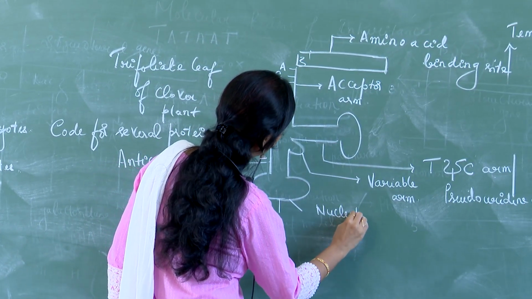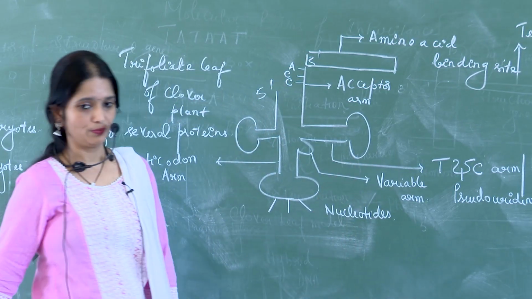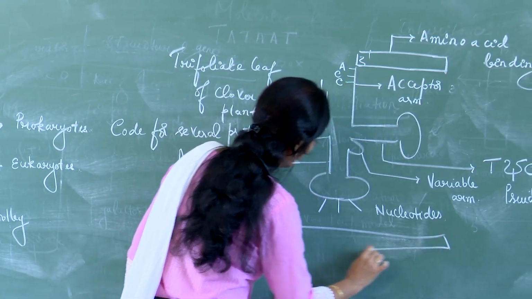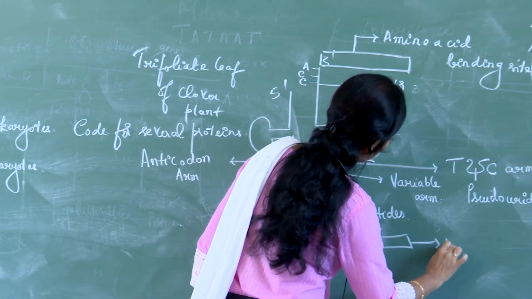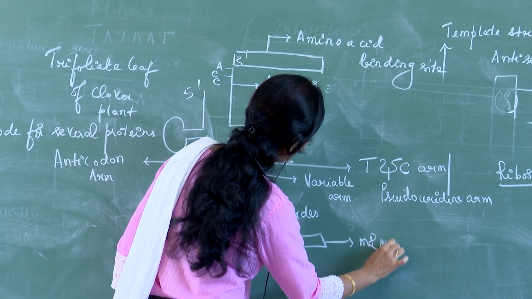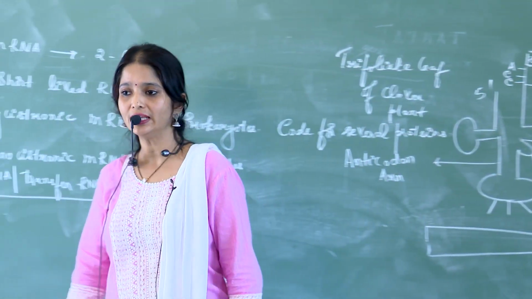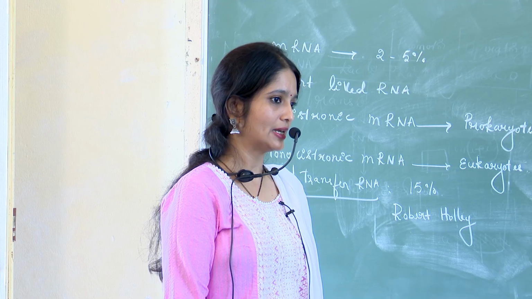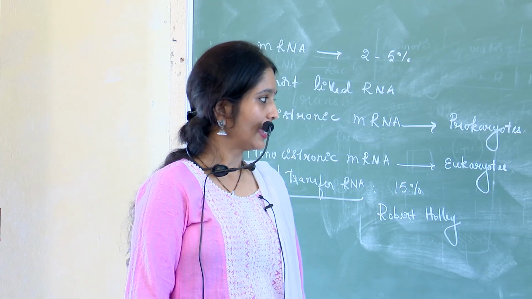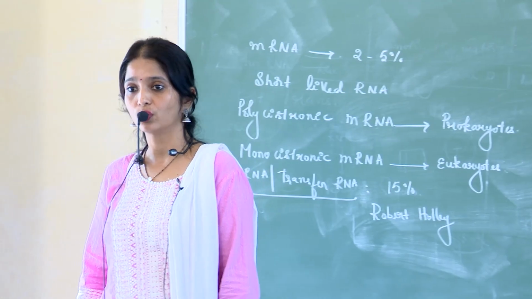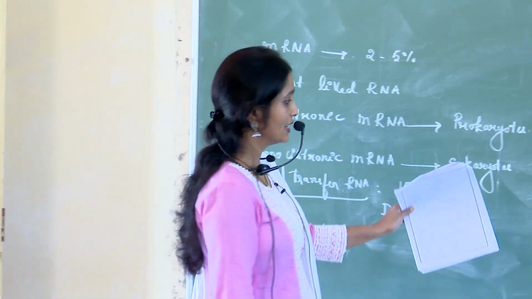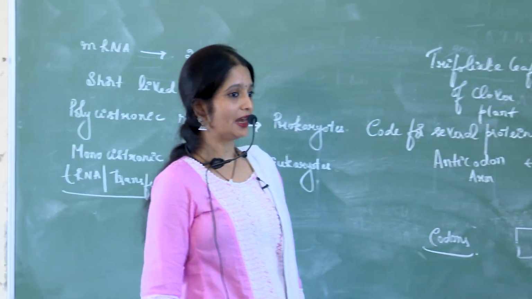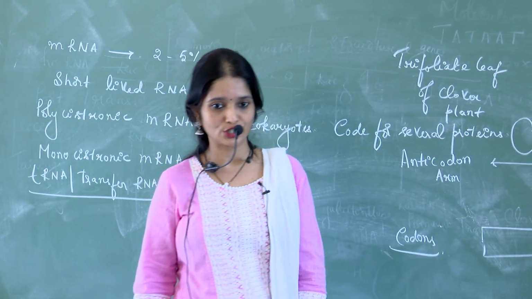And the function of this arm is to bind to the mRNA. Yes, it binds to the mRNA during protein synthesis, right? What is present in mRNA? Codons. mRNA contains codons. What is present in tRNA? Anticodons, right?